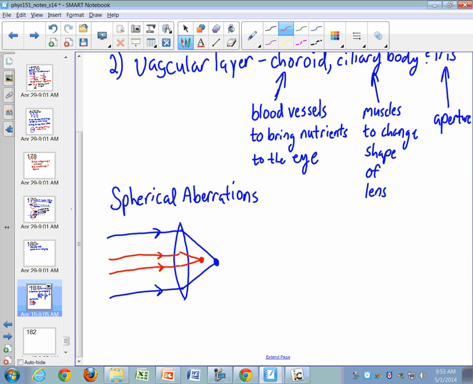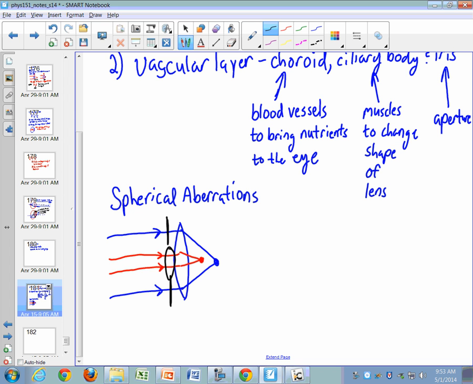But the easy way, which is what the eye does, is to just block out those outer edges of the lens. So what the iris does is it just comes along and blocks out these rays, so it only allows rays to come into the central part of the lens. Cameras do this as well. They have an aperture over the lens that blocks out light from all the other parts of the lens.